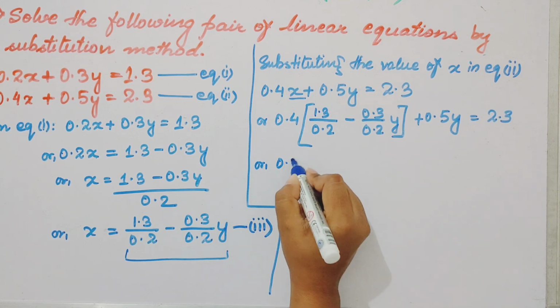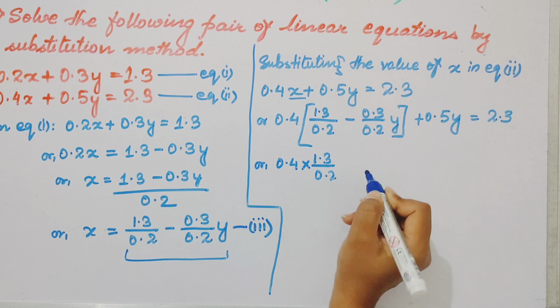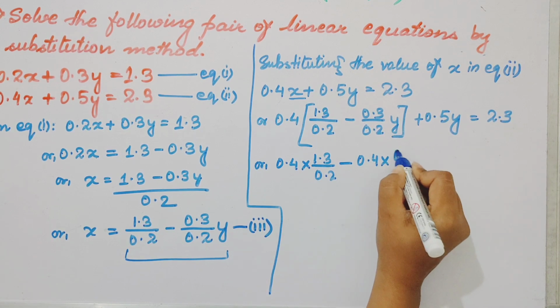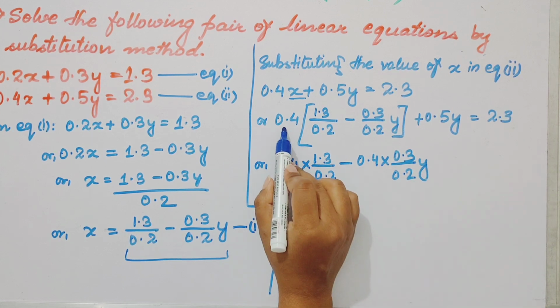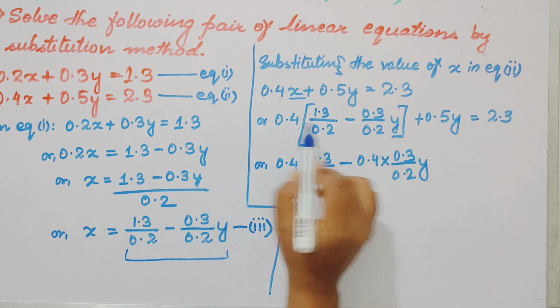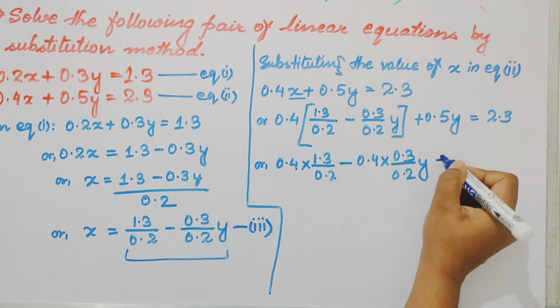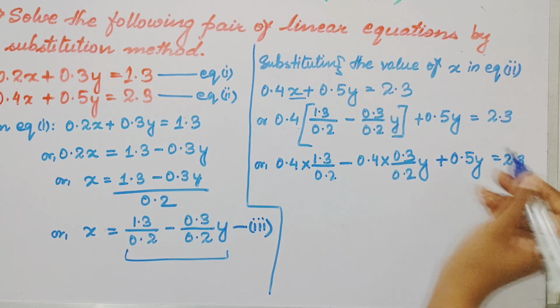Or let us multiply this: 0.4 into 1.3 by 0.2 minus 0.4 into 0.3 by 0.2 y. 0.4 is multiplied to this part of the equation and 0.4 again multiplied to the second part of the equation, plus we have 0.5y equals 2.3.